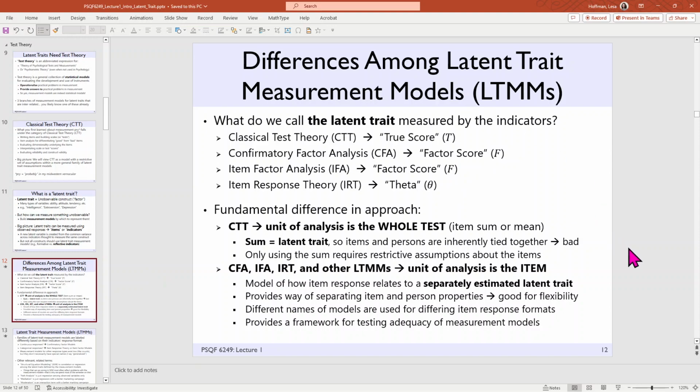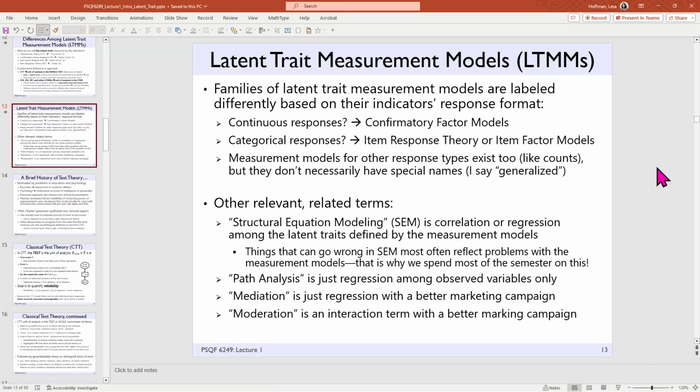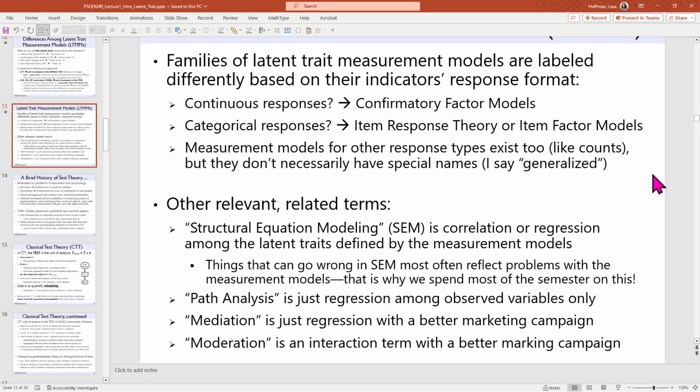So, different latent trait models. This class is going to cover measurement models that go by specific names as a function of what type of outcome they are. So we're going to start with measurement models for latent traits that are predicting continuous responses. That is called confirmatory factor analysis.